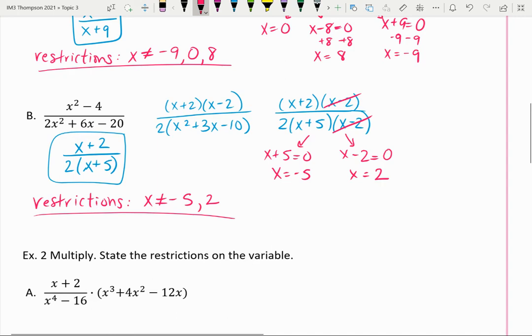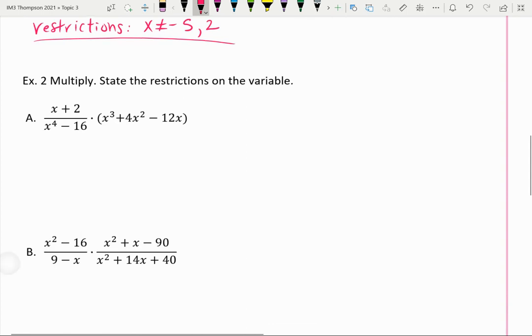All right, example 2. Multiply. State the restrictions on the variable.